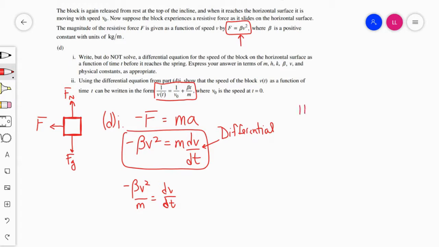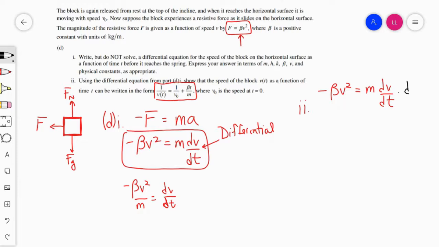Now we're going to go to part 2, which is to solve our differential and show that our velocity function ends up looking like 1 over v of t equals 1 over v0 plus beta t over m. So beta v squared equals m dv dt. Remember, get v's to one side, everything else to the other side.